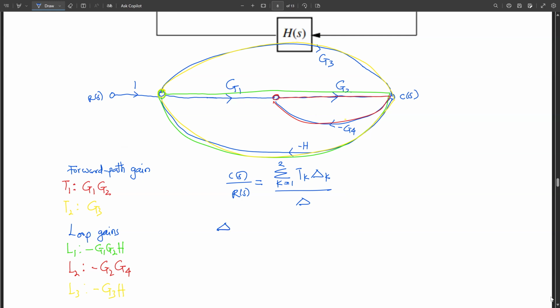So our delta is 1 minus the summation of loop gains.